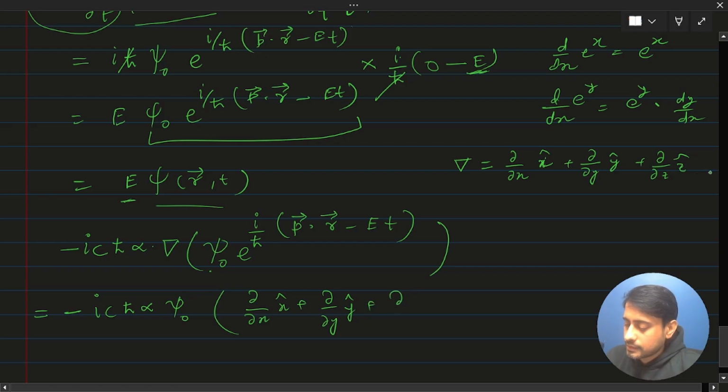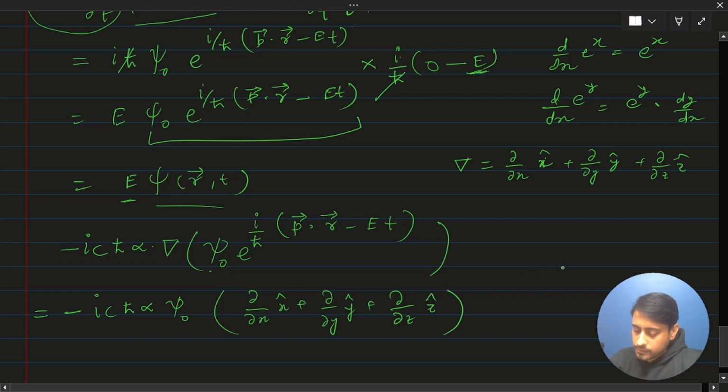Sometimes you write it as k, but it can confuse you because we are using i for the complex root. So del over del z times z cap.